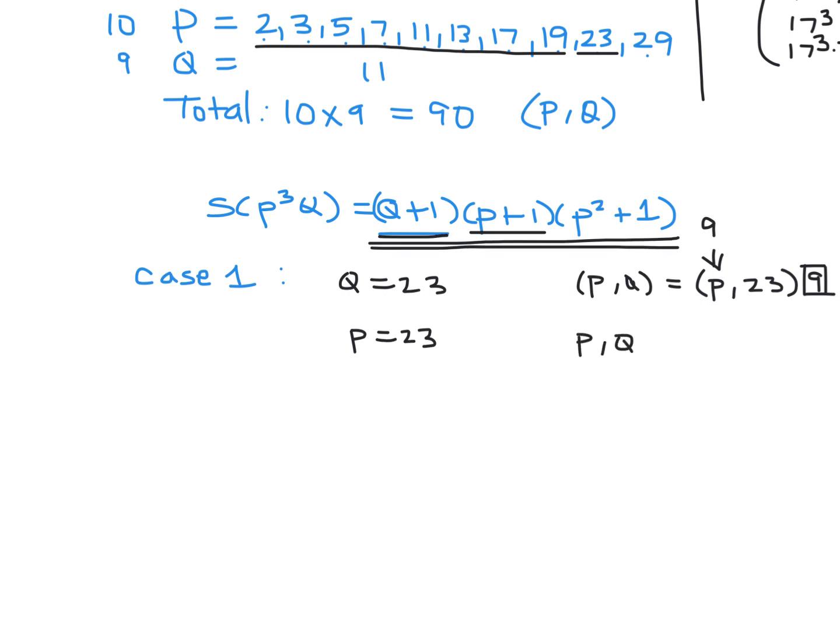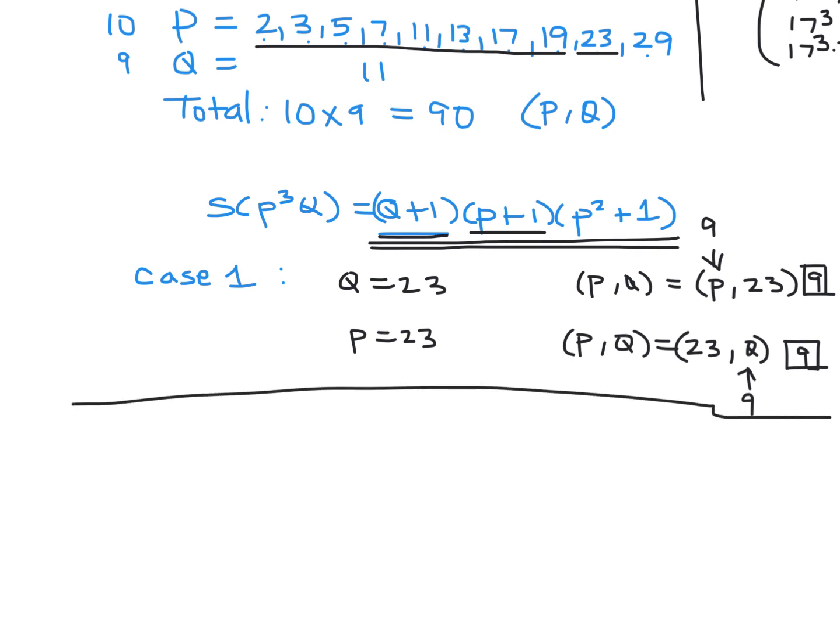So anything of the form 23Q would also work, where Q is anything except 23. So again, 9 choices there, another 9 pairs of that form. Okay, so that sort of takes care of when you're looking at these guys individually.